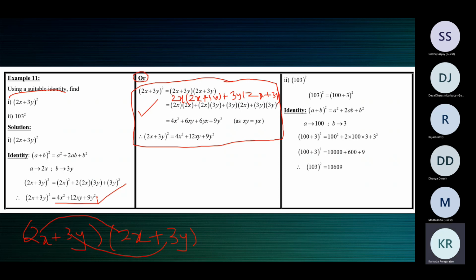See here, children, this is the usual method. 2x, the first term, into the second bracket, 2x plus 3y. Then the second term, 3y, into the second bracket, 2x plus 3y. So the next step is what you see here: 2x into 2x, 2x into 3y, 3y into 2x, 3y into 3y.